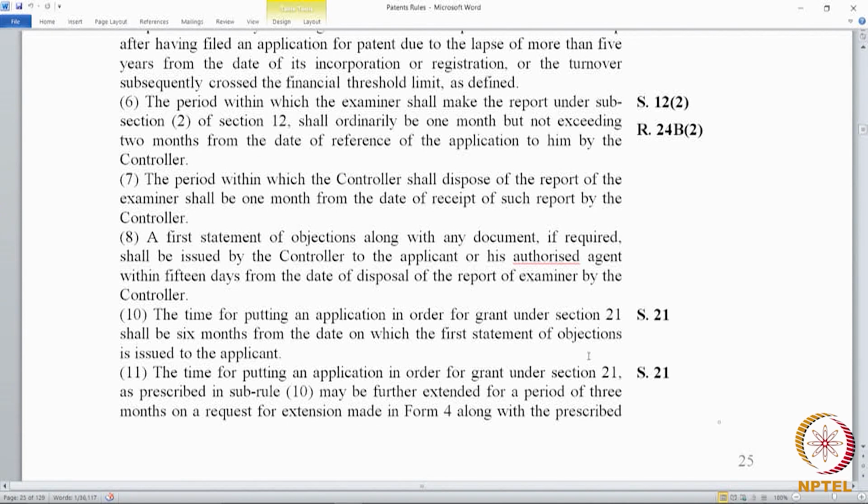So, there is a difference here. The controller's report, that is the first statement of objections, which was earlier called the first examination report, shall be sent within 15 days from the date of disposal of the report of the examiner. In a normal examination, it is 1 month. Now, that has been cut down to 15 days.